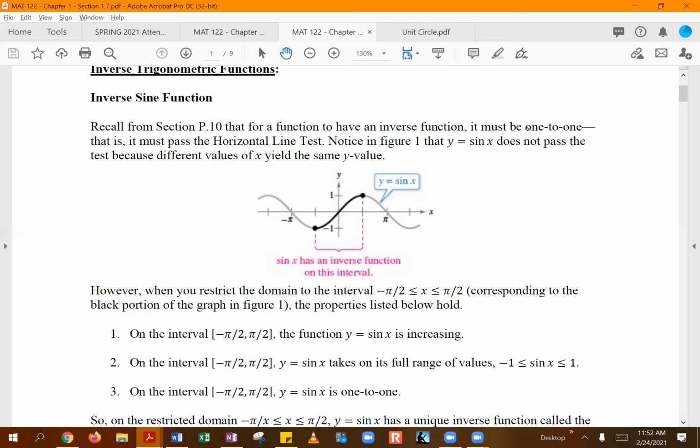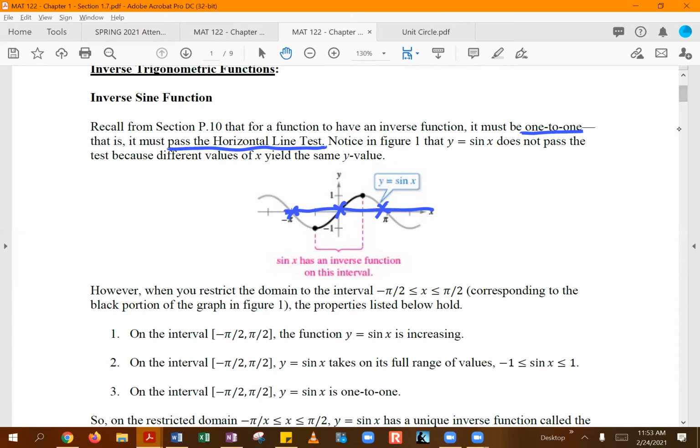You should have that one-to-one correspondence, which means your graph should pass the horizontal line test. Now, if I were to draw a horizontal line through our sine function, it does not pass the horizontal line test because your horizontal line is going to cross right over here, over here, over here. So it fails the horizontal line test because it should only cross at one point.